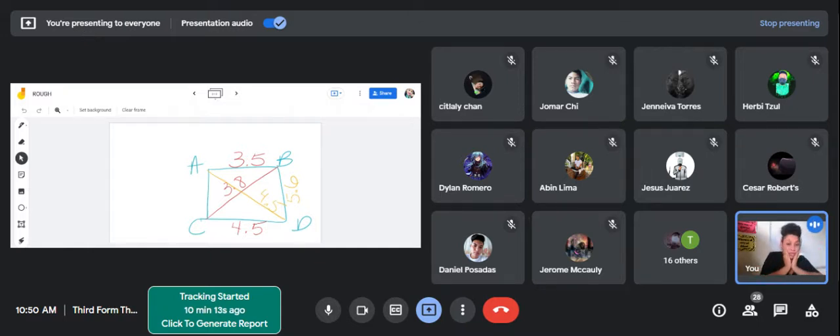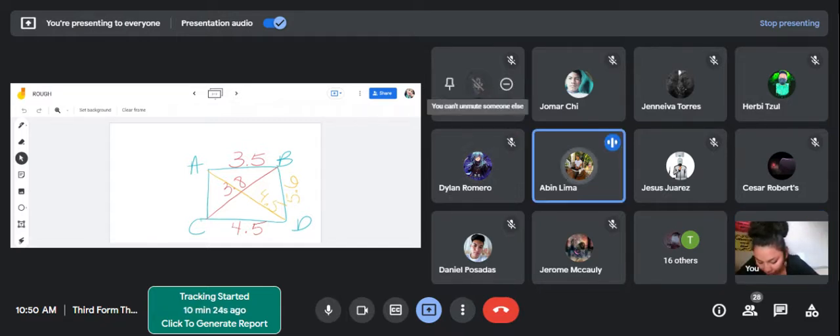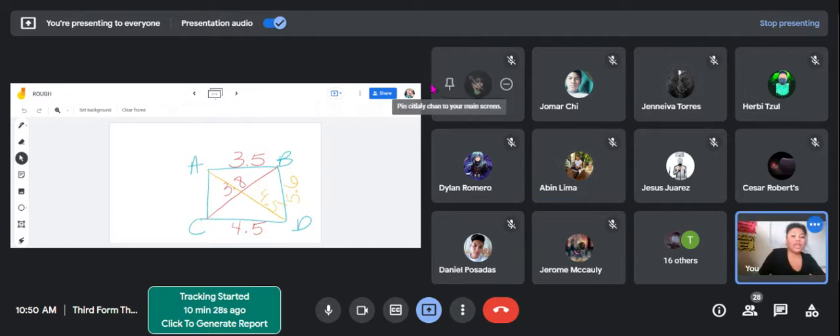Anybody has any questions? Everybody understood what we have to construct, our target drawing? Yes, miss. Okay, good. So now here's my math pen.